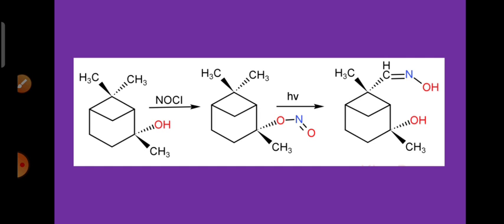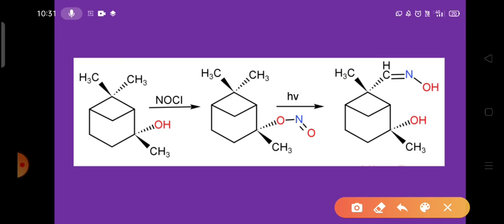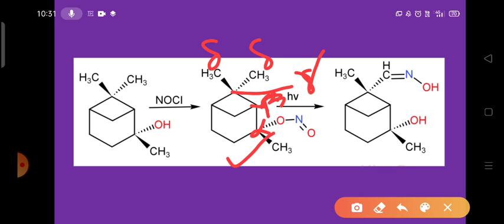So in the first step, the nitrite is formed like this, and now we have to identify the positions: alpha, this is beta, and this is gamma, and this is delta, and this carbon is also delta.